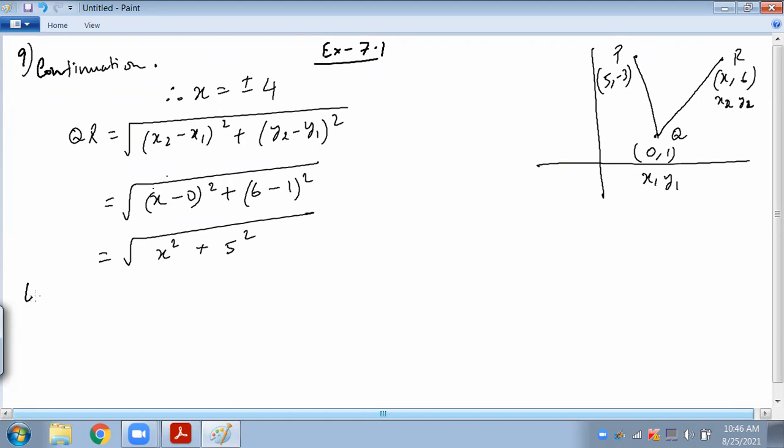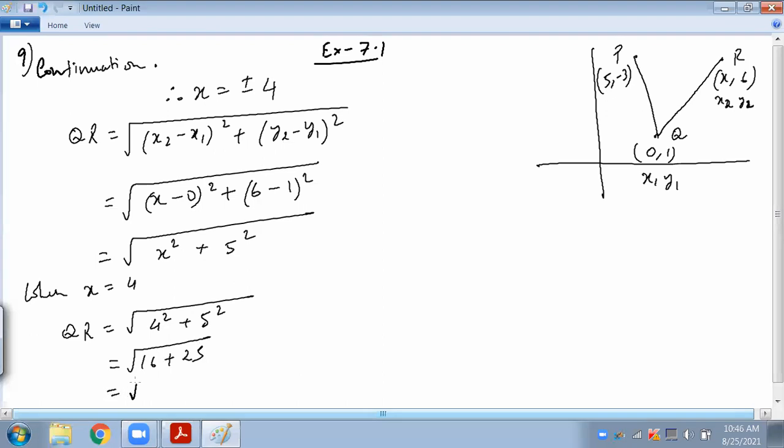Now there are two values, so first we'll take when x equal to 4, QR will be equal to, instead of x, 4 square plus 5 square, which is how much? 16 plus 25, and 16 plus 25 is 41.